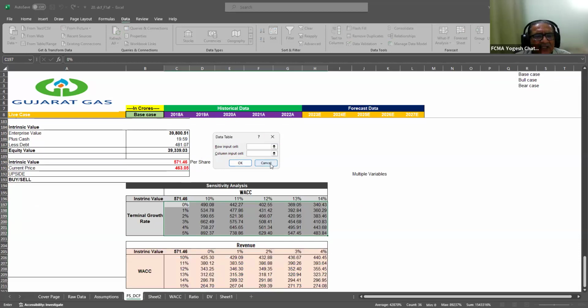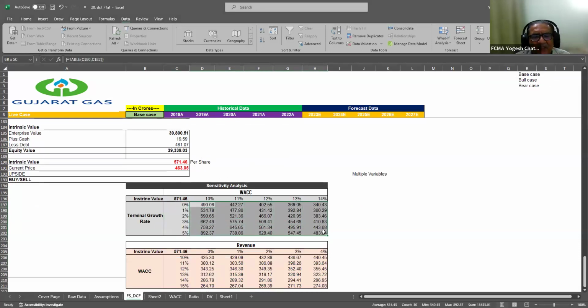Once I give this input, it will provide me the prices in different scenarios. As you can see, as the discounting rate or weighted average cost of capital goes up, the price is reducing, and as the terminal growth rate goes up, the price is increasing.